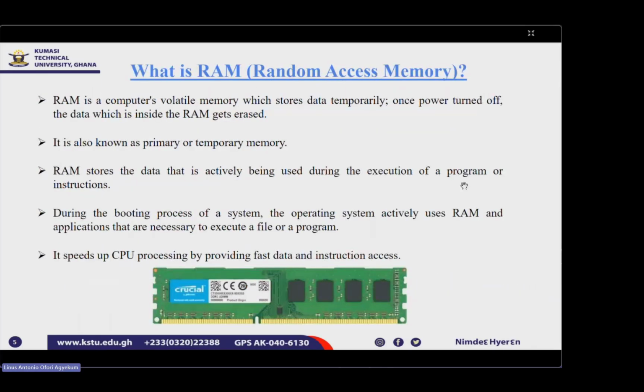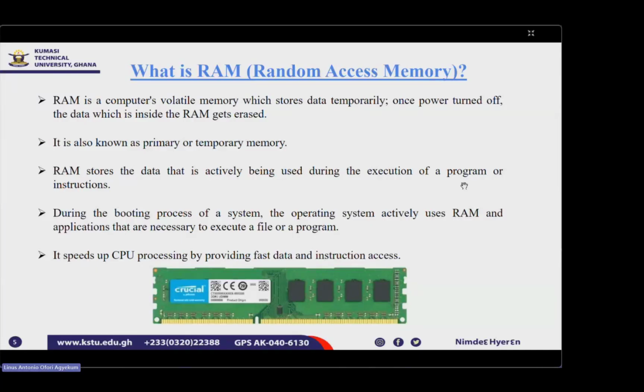Now, in this slide, you would see how a RAM looks. So it is also known as primary or temporary memory. The RAM, like we said, stores data that is actively being used during the execution of a program or instructions.